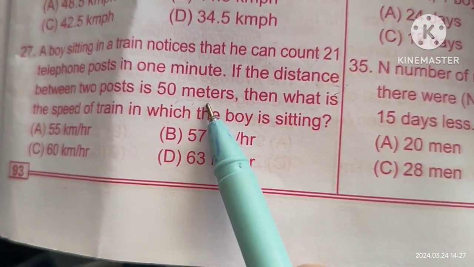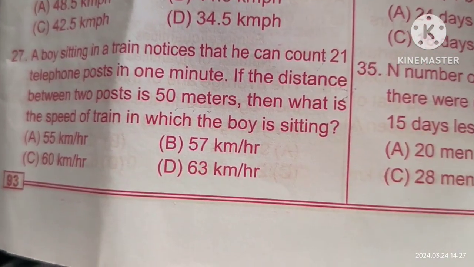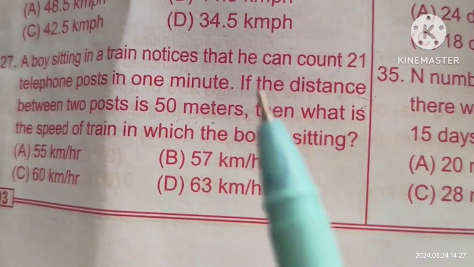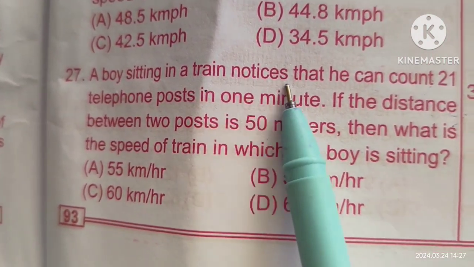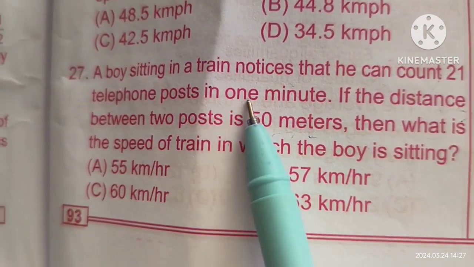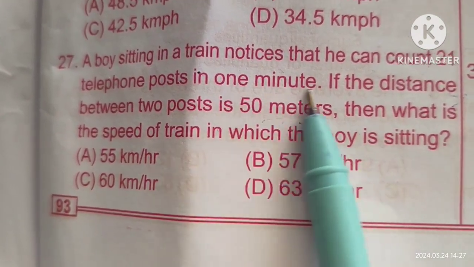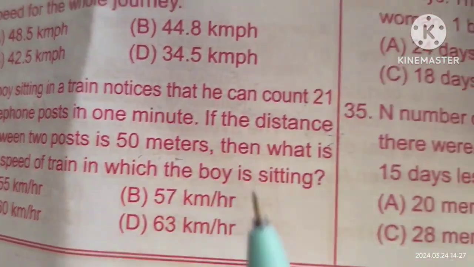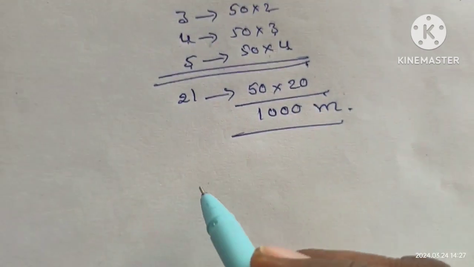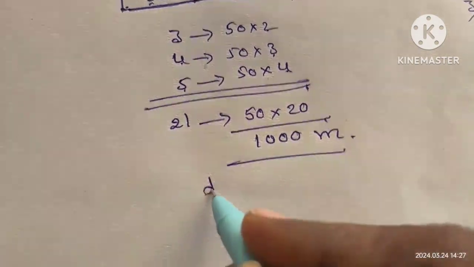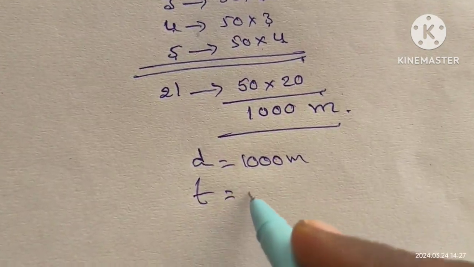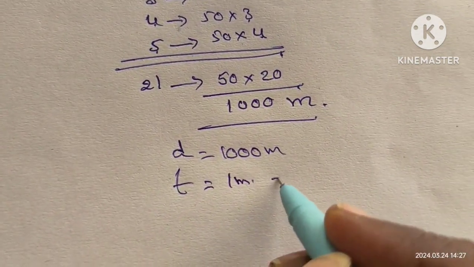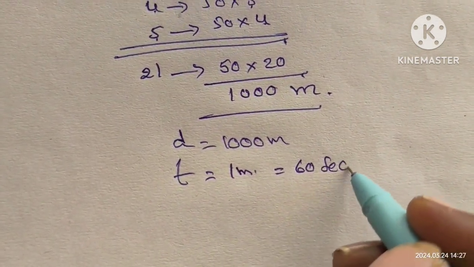They said the distance is in meters. So 1000 meters, that is distance. And also he said he can count those 21 poles in 1 minute. So here the distance is 1000 meters and time is 1 minute. 1 minute means 60 seconds.